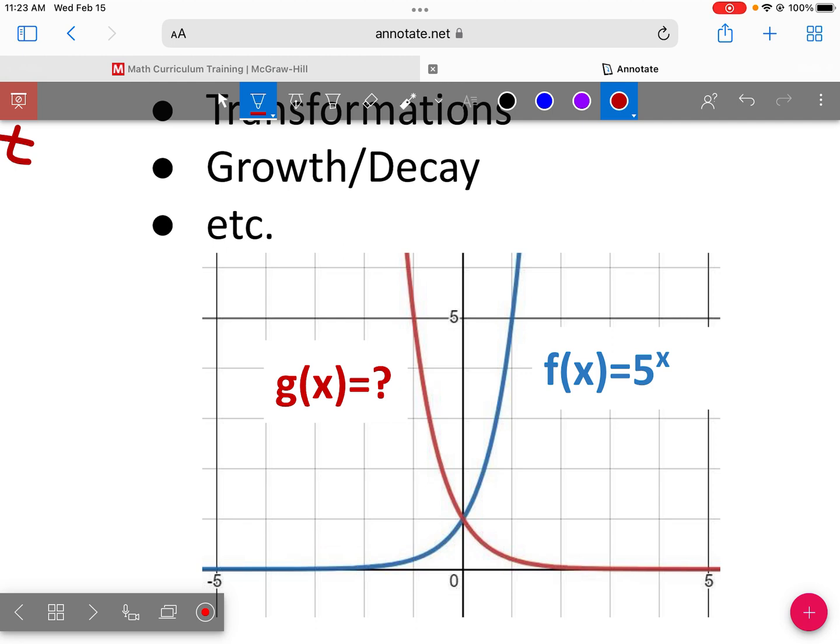G of x we don't have an equation for. How many equations are there for g of x? There are 2. There are 2 equations that mean the same thing. They're just written differently.